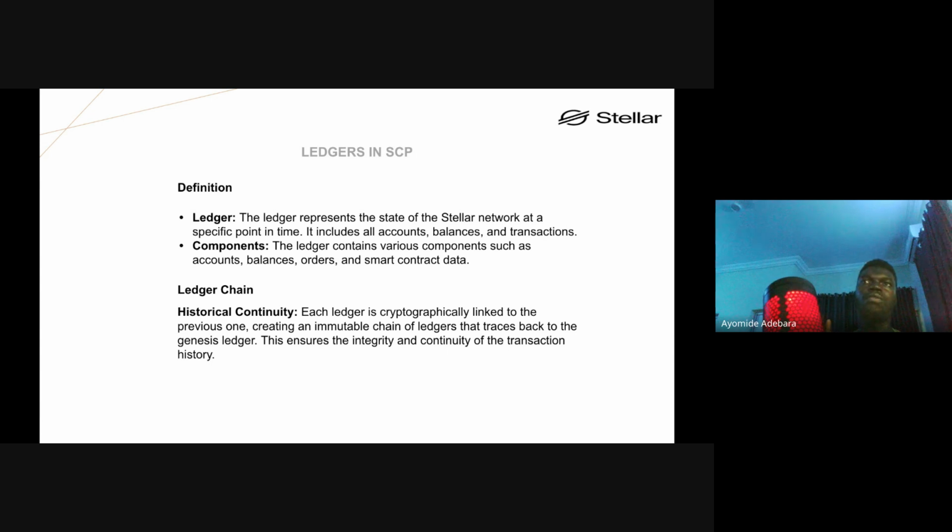And as Beulah made mention, each of the new ledgers contains the hash of the previous ledger. This leads to a situation whereby the chain, the ledger, is immutable, and this ensures integrity and continuity of the transaction history.